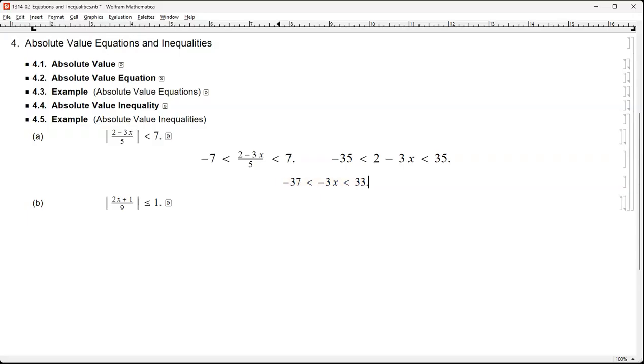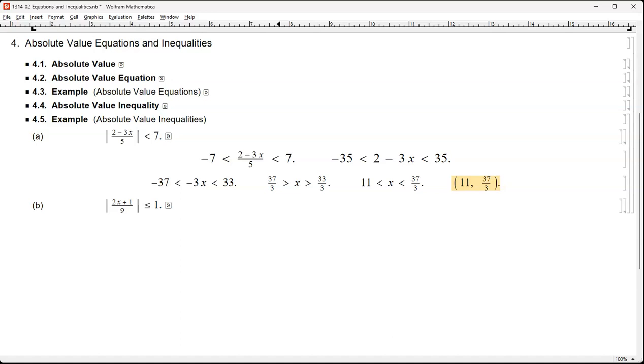Divide away negative 3. 37 over 3, x, 33 over 3, which is 11 as a matter of fact. So 11, x, 37 over 3, or in other words, 11, 37 over 3 in an interval expression.